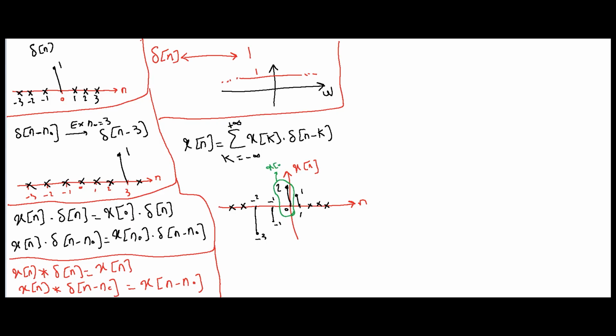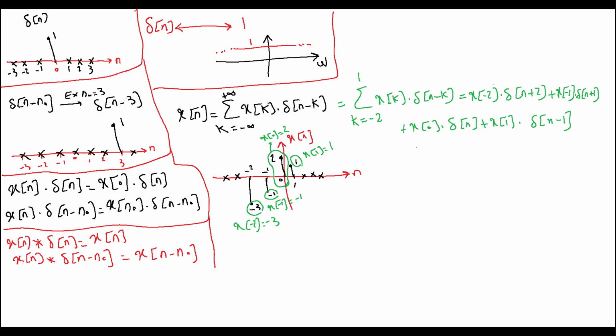At n equals 1, we have x[1] equals 1. At n equals minus 1, we have x[-1] equals minus 1. At n equals minus 2, x[-2] equals minus 3.